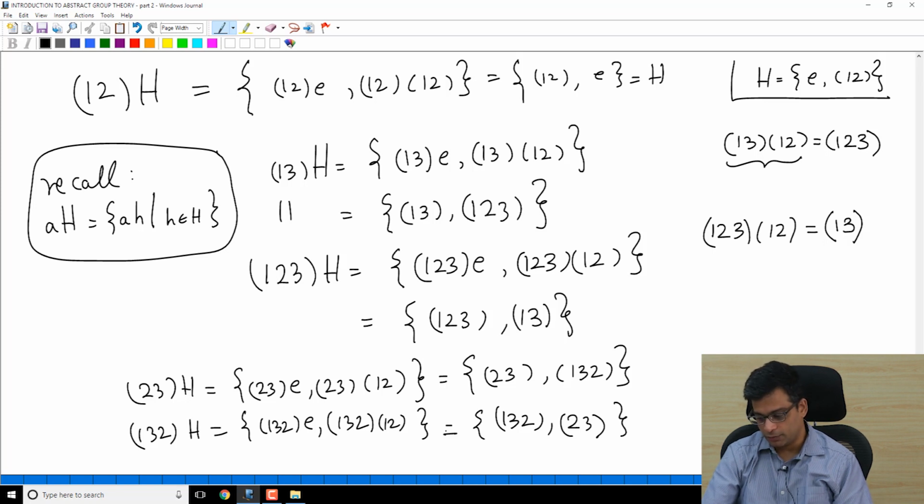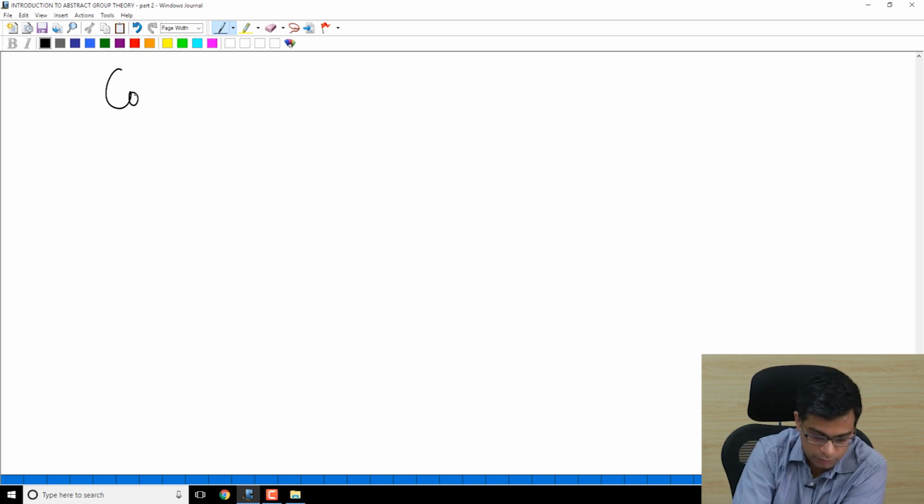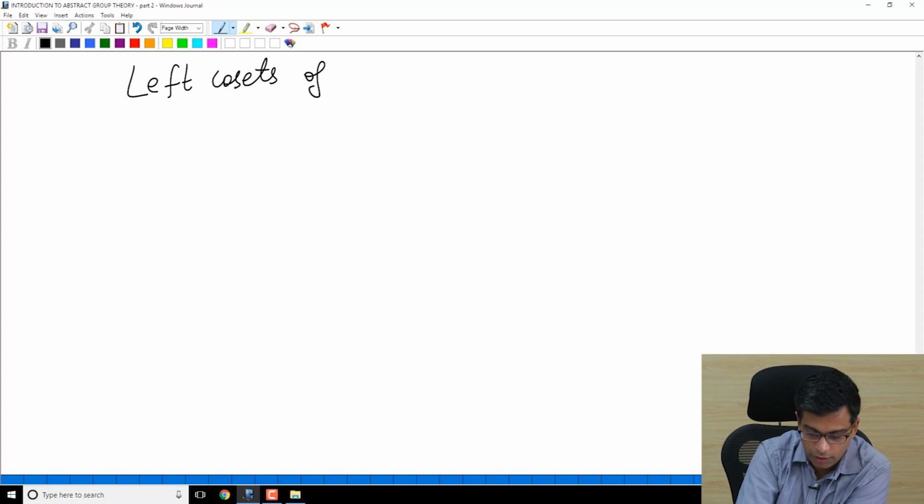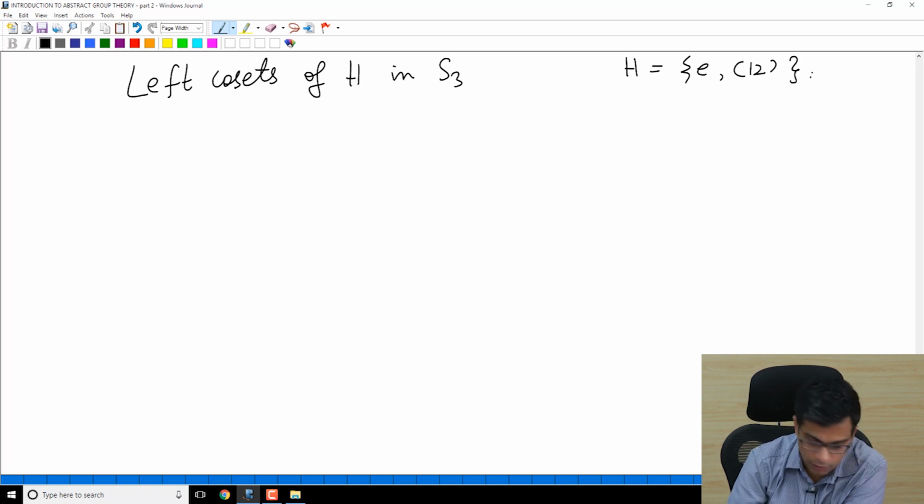So let's now list all the distinct left cosets. Again I am working with the specific example, H is E and (1 2). So this is EH and (1 2)H.